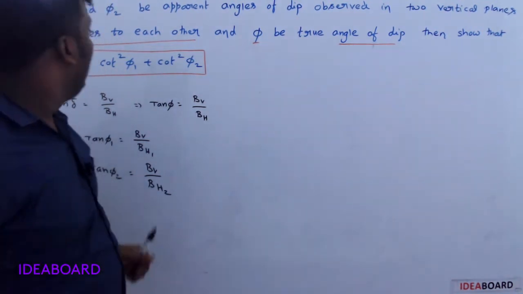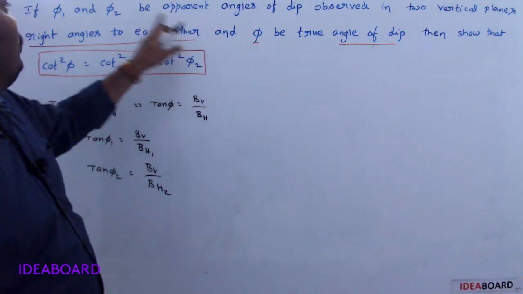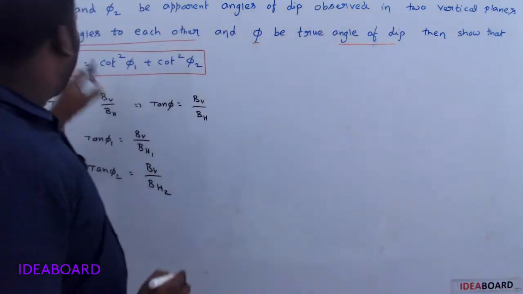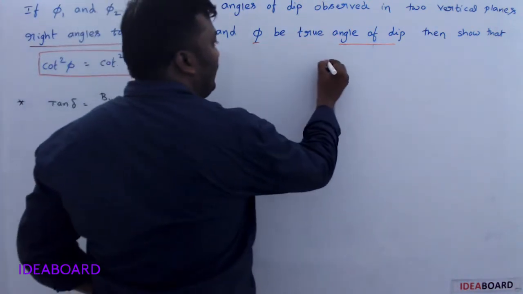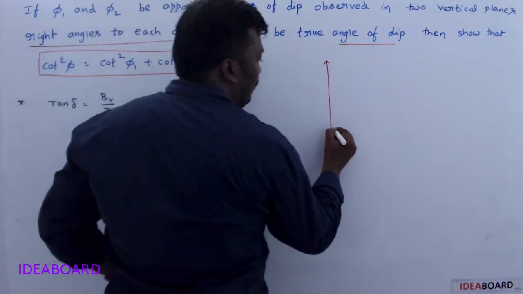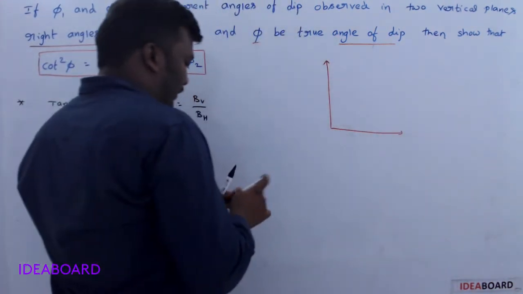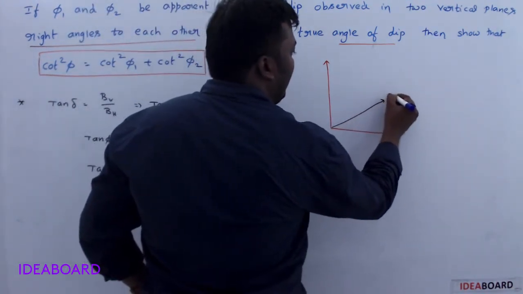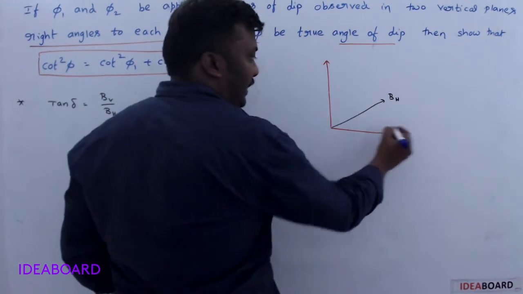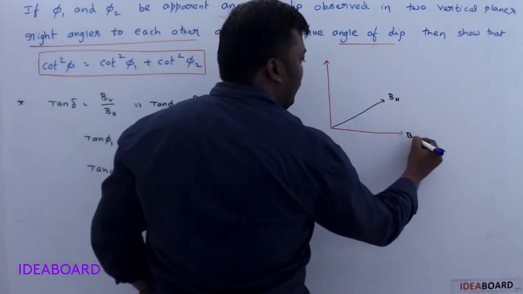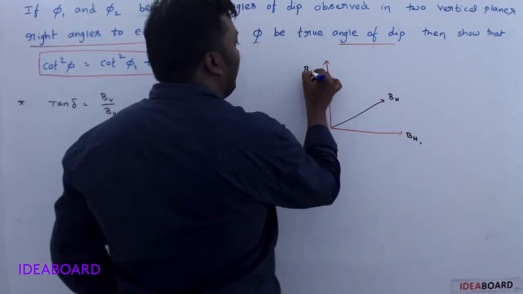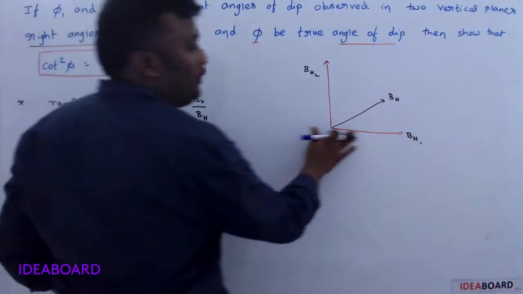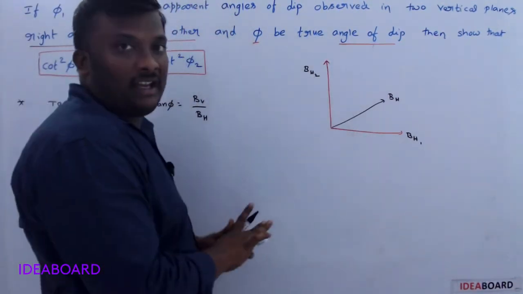Now it is given that these two angles of dip are observed in two vertical planes, at right angles to each other. Here this is BH, and this is BH1 and BH2. BH1 is in this direction, BH2 is in this direction.